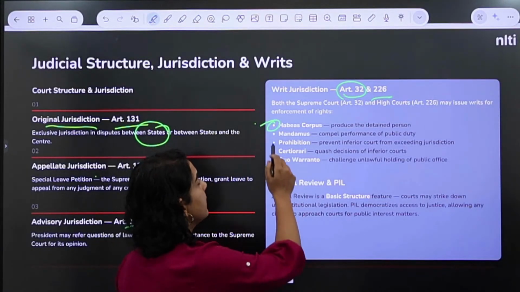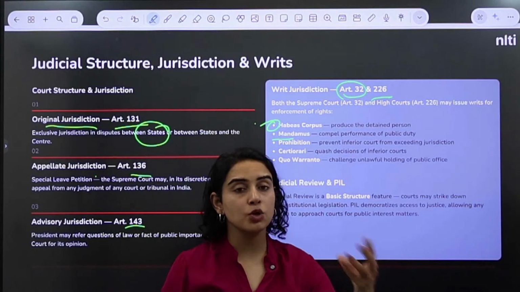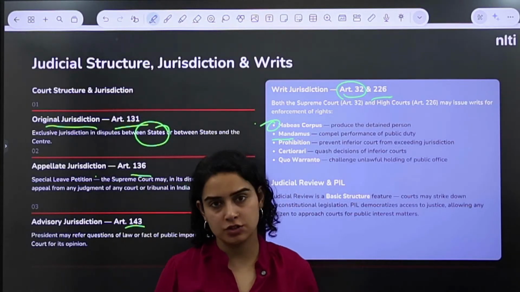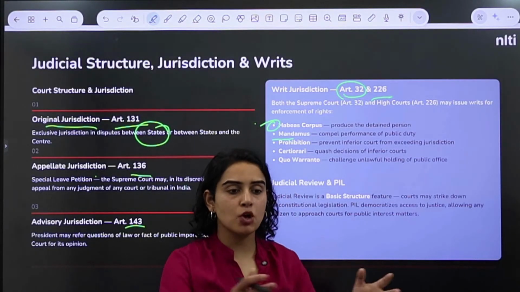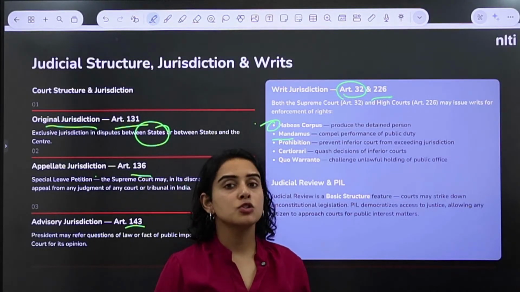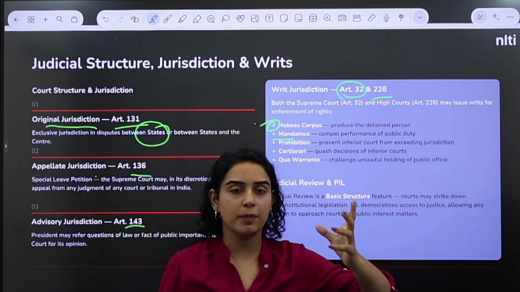Then we have mandamus, where the court is going to order any public authority to perform its duty or its function. Let's say you want the municipal corporation of your area to do something and they're not doing it, right? So you can directly go to the Supreme Court, though do not go for petty matters, of course.